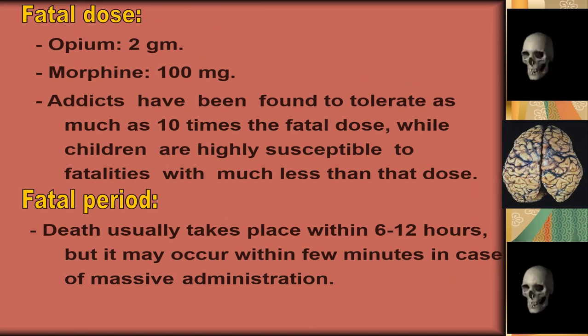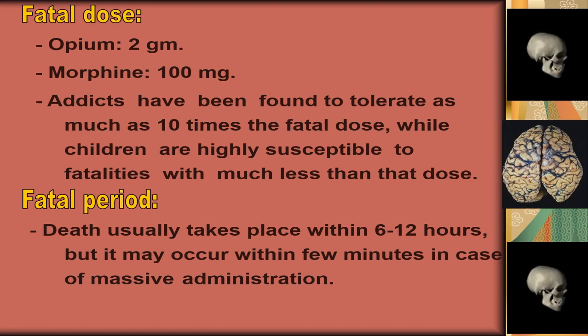Fatal dose. The crude opium fatal dose is about 2 grams. However, 100 milligrams of morphine may be fatal. For 50% of experimental animals, the fatal dose is an experimental measure, not for humans.